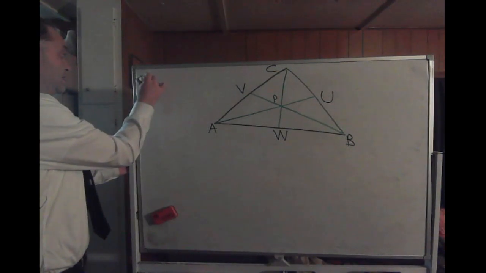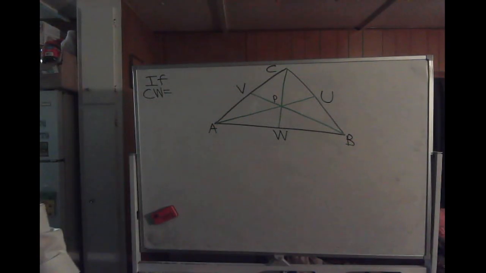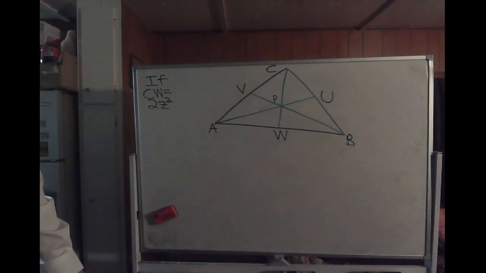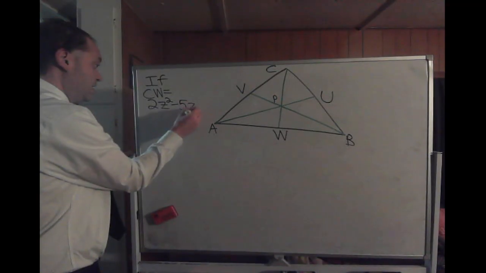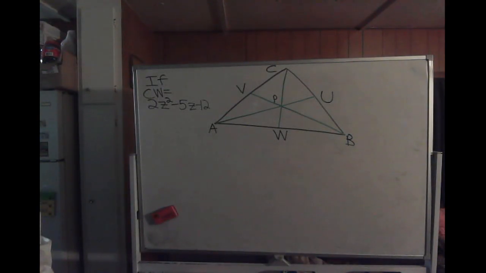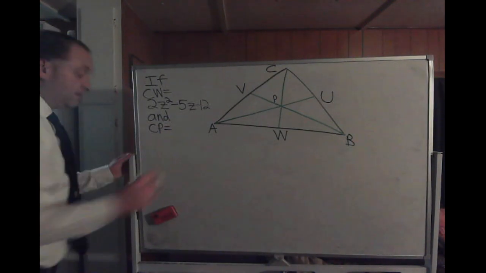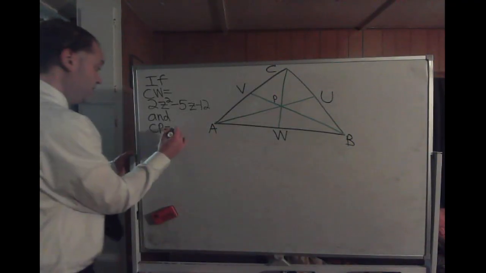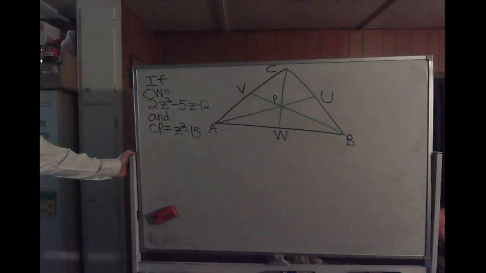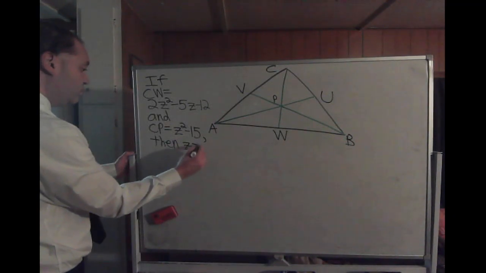So if CW is equal to 2z squared minus 5z minus 12, so that's a real quadratic equation there, and CP equals z squared minus 15, then z equals what?